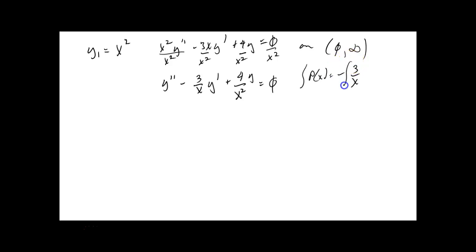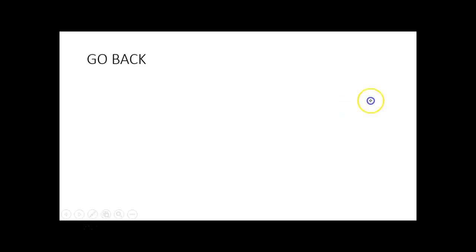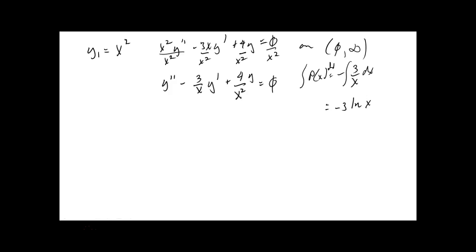So the integral of that would be minus 3 times log x. But in our form, this is where I was struggling with it a little bit, it's e to the minus the integral of that.